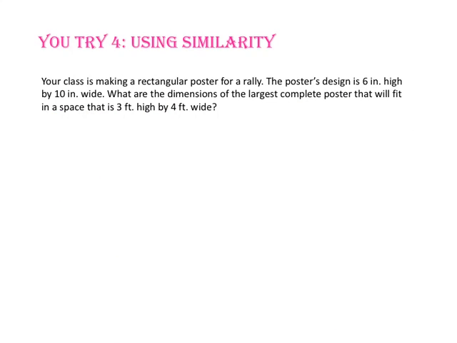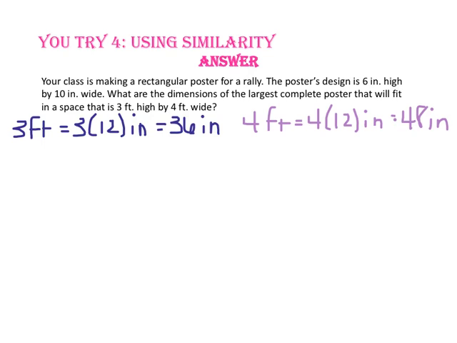Pause the video and try number 4. Here, your class is using the same design, but needs to know the dimensions of the largest complete poster that will fit in a space that is 3 feet high by 4 feet wide. Start by converting your feet to inches. Now find the possible enlargement by dividing the space available by the corresponding height or width.